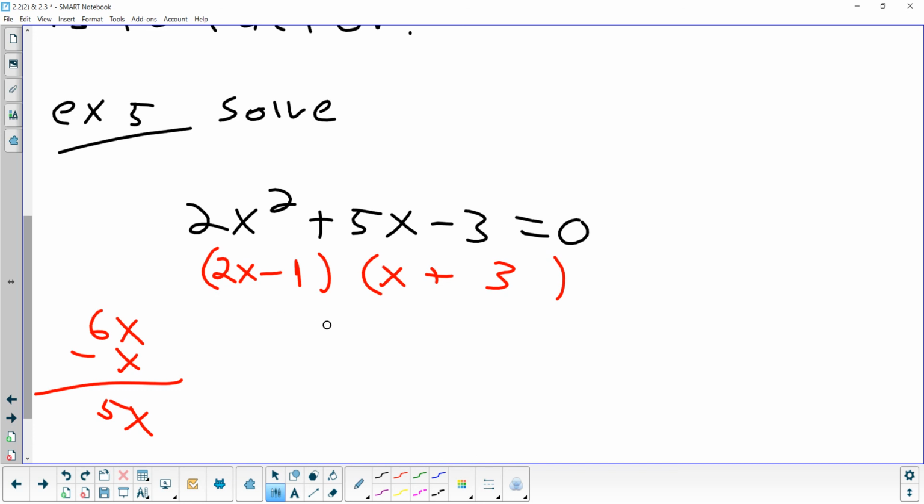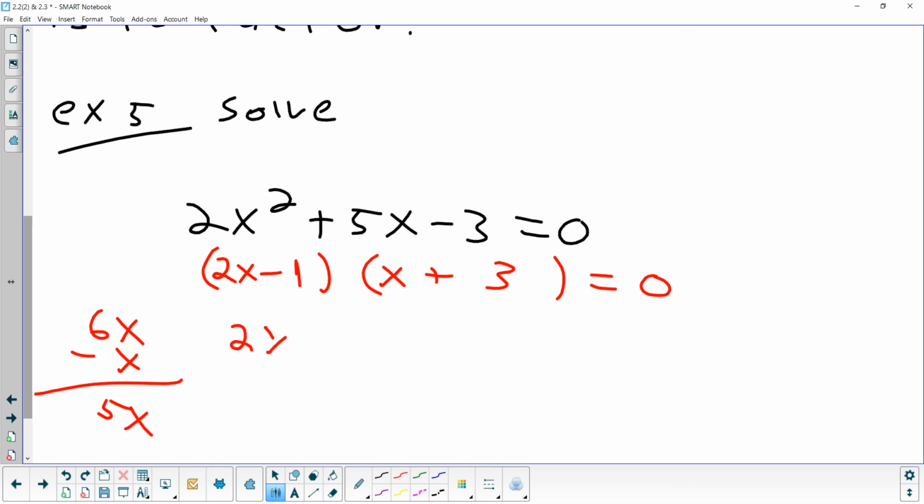Okay, so we factored it. That's the hard part. Now we have two factors, and their product is equal to 0. What do we do with each of those factors? Well, we separate them into separate equations and make them equal 0. Exactly.